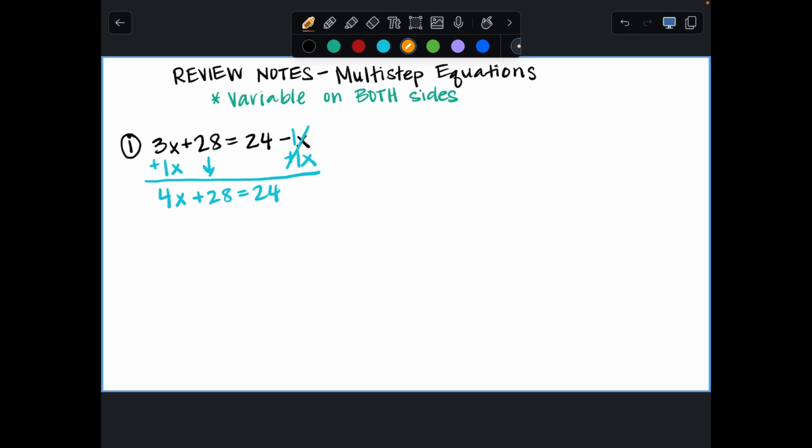Now I need all the constants on the right side. So I'm going to subtract 28. And the last step is divide by the coefficient. So x equals -1.